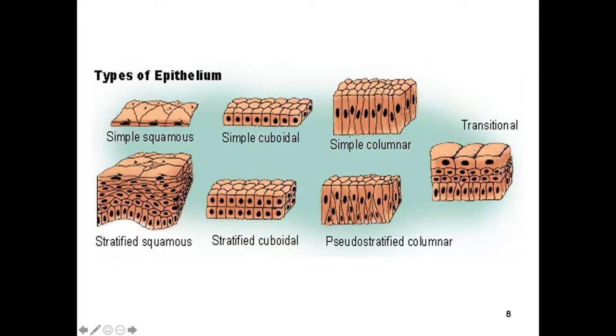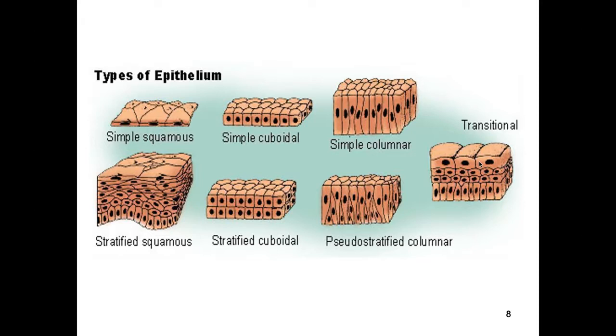Then we have transitional epithelium. The way I want you to visualize transitional is to think of a deflated balloon, and you draw with a marker a circle or a square or a rectangle, any shape for that matter, while it's deflated. What happens to the shape when you blow up the balloon?